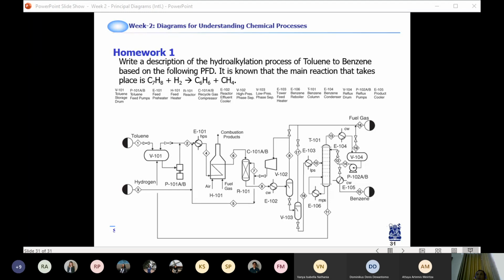For example, for the compressor, sometimes they use K, sometimes they use C for compressor, but the one that you see here, usually C is for column. Again, the definition depends on each company. Each company is different. Sometimes the code will not even look like letters ABCD.